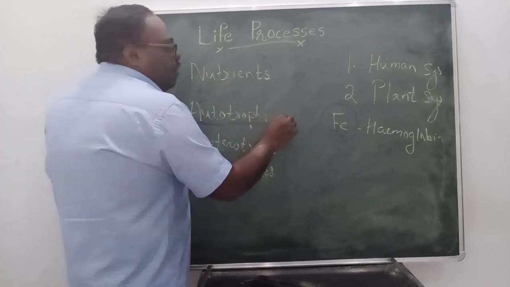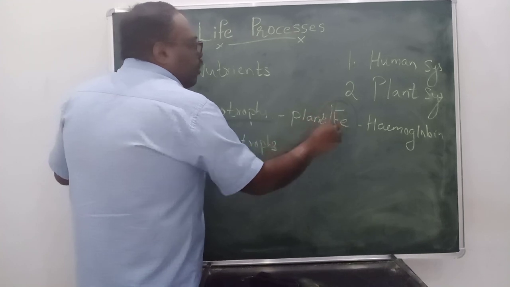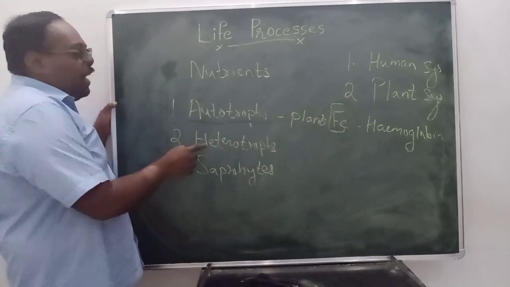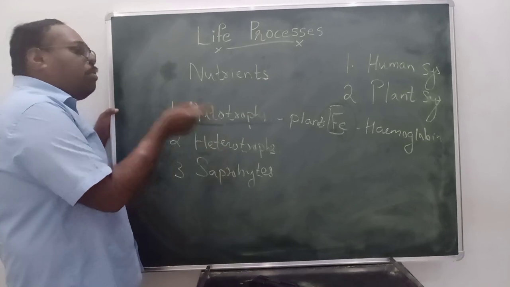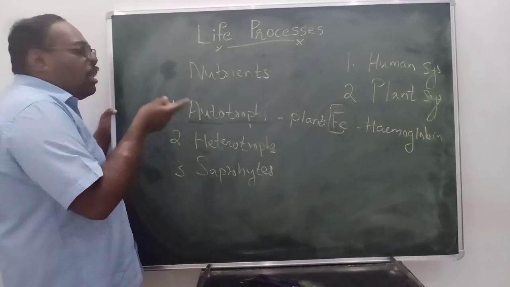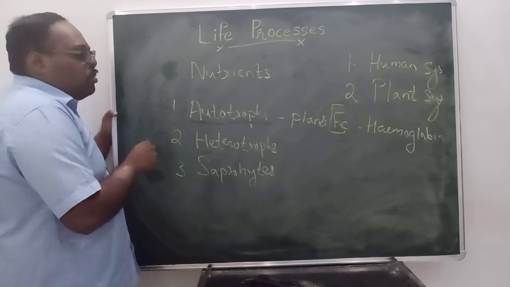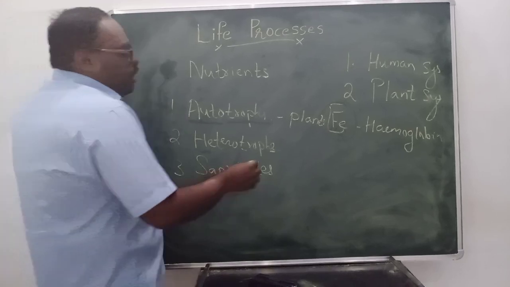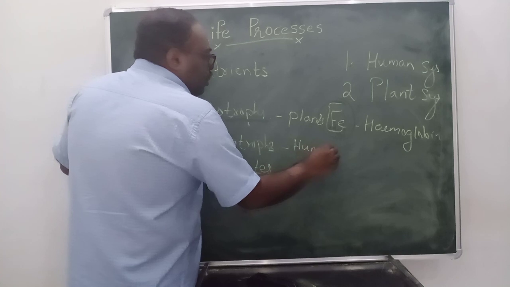The best example for this is our plants. Heterotrophs depend upon other organisms or other living forms, especially autotrophs, for their food. The best example is humans.